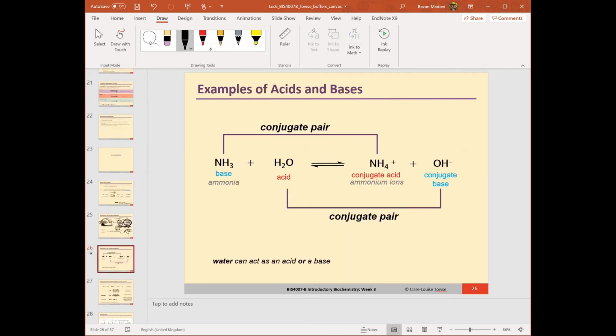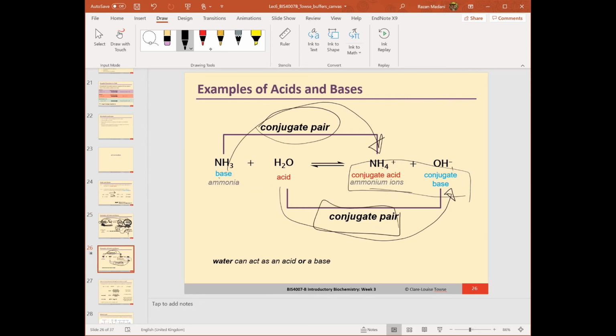So here is also an example. When you say conjugate pair, it's not related to what we wrote here. It's just telling you that this became that, and that became that. I think I'm starting to understand it a bit more now.